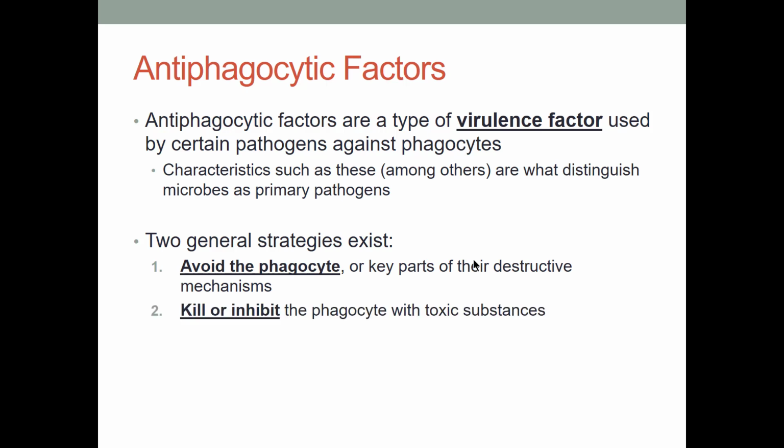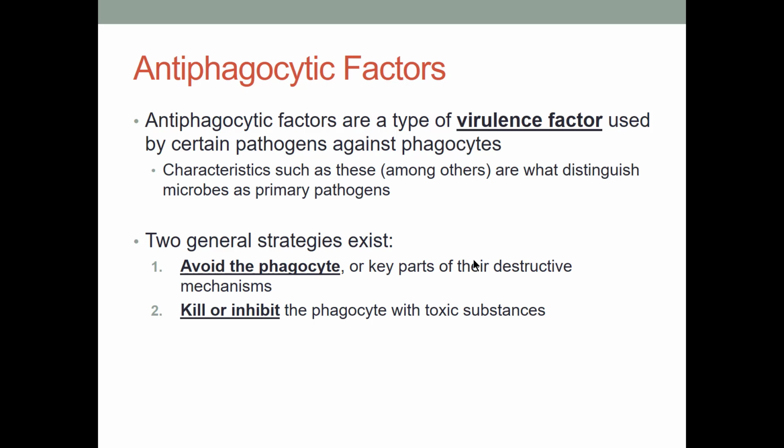The other is that you actually try to kill or inhibit the phagocyte outright, and you do this by releasing some toxic substance that makes it difficult for the phagocyte to function. That's when you start really looking at a more true pathogen, a primary pathogen. Even if the body can mount a defense, they have a counter defense.